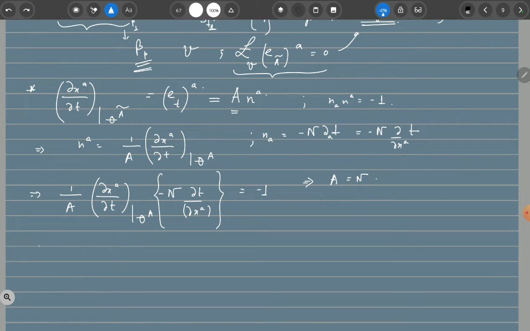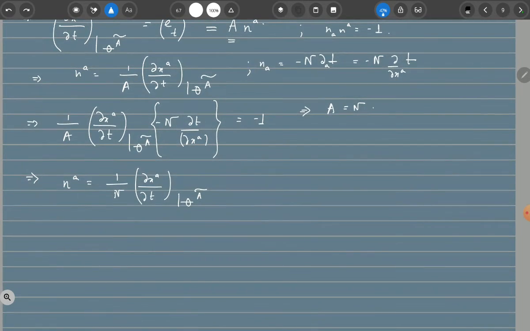So you have that NA is equals to 1 by n of del xa del t, keeping the values of theta a fixed. Right? Very good.